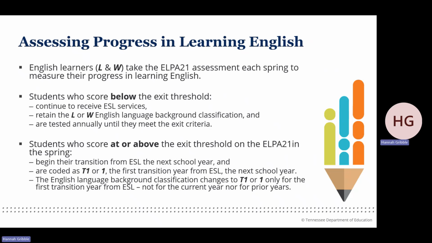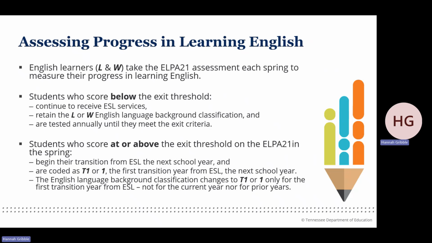Students who score at or above the exit threshold on the ELPA 21 in the spring begin their transition from ESL the following school year and are coded as T1 or 1, the first transition year from ESL.